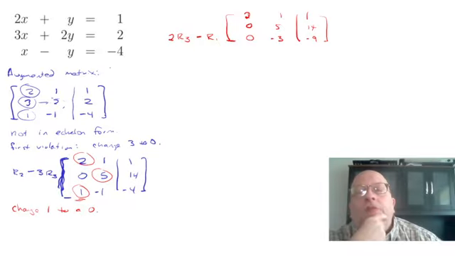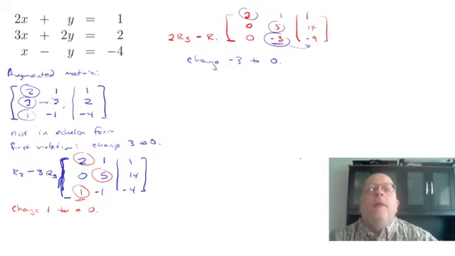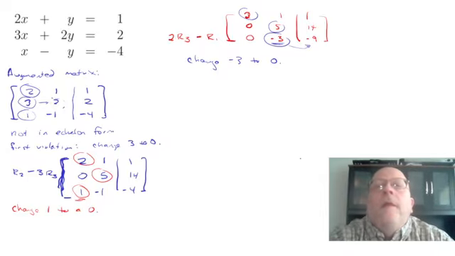So let's give this a try. This is still not an echelon form. My leading entries are 2, 5, and -3. And I want to make the leading entry move to the right. So I need to change -3 to 0. There's not an easy way to do this.